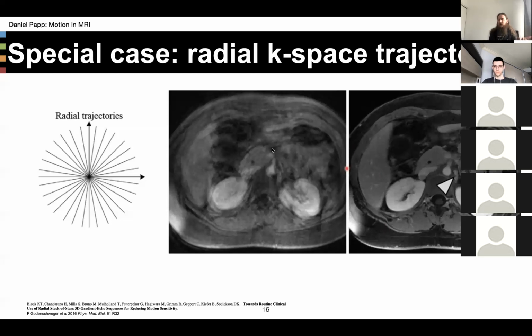That's more what motion looks like in a radial scan. And that's also an effect of just radial scanning in and of itself. So it's more that you're trading coherent ghosting artifacts for incoherent noise-like artifacts that don't impact your effective resolution all that much. And you also get this blurring.